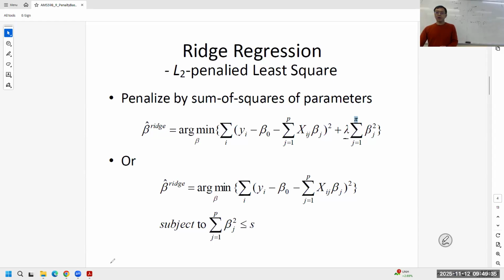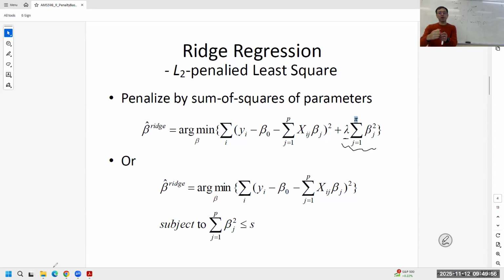Intuitively, you can see that the more penalization you give to the target function, the more your beta becomes closer to 0, to the origin, because in the case of lambda equal to infinity, the solution is going to be the origin.